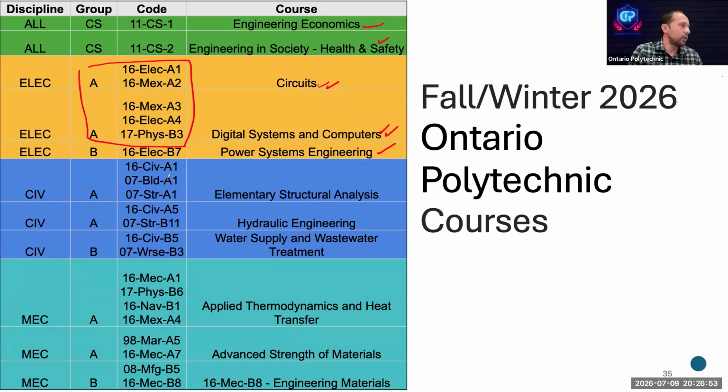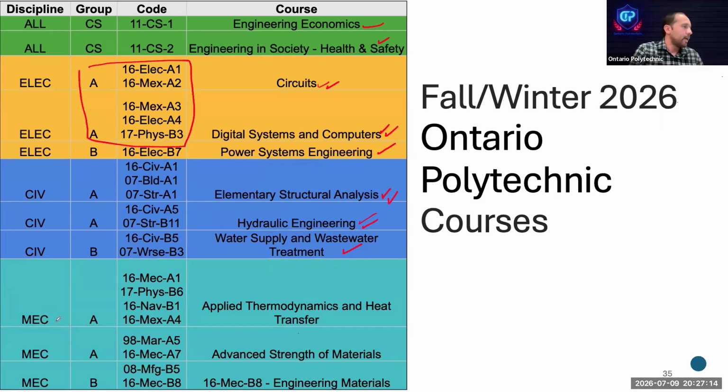For civil engineering or building structure, we offer these three: elementary structural analysis, hydraulics, and water supply and treatment, wastewater treatment. Again, if you want to take two for the good performance policy, I suggest hydraulics and elementary structural analysis, which are easier.